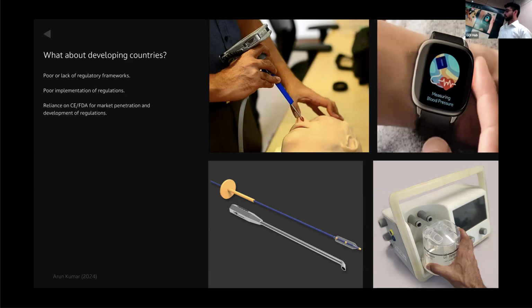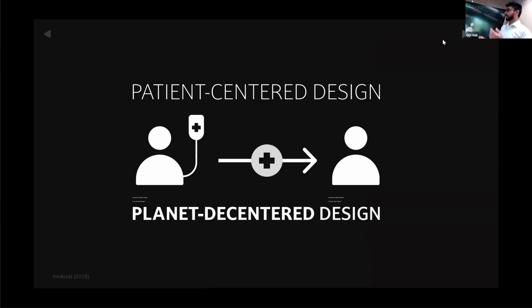So this made me realize that, again, the conventional model of patient-centered design in healthcare is actually very, very planet decentered. It's not easily focusing on the environmental impact. And we know that recently there's been much more talk about sustainability, but all of that was because of the pandemic.